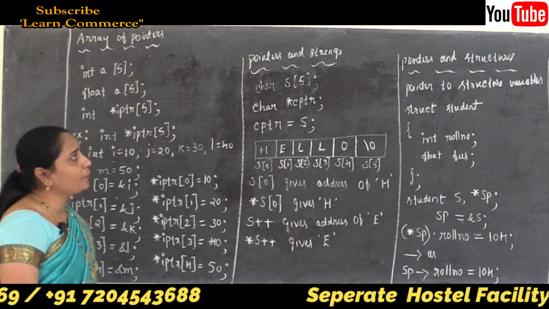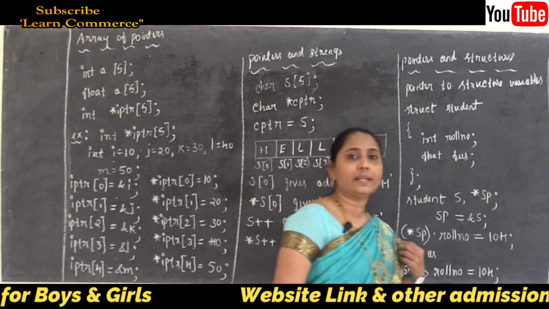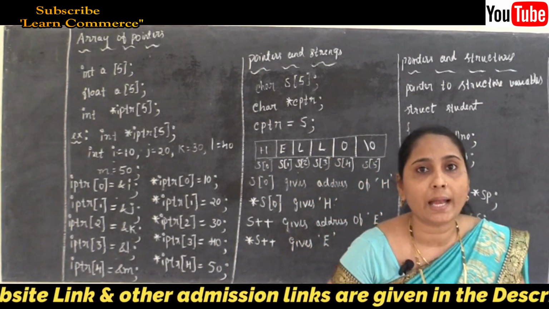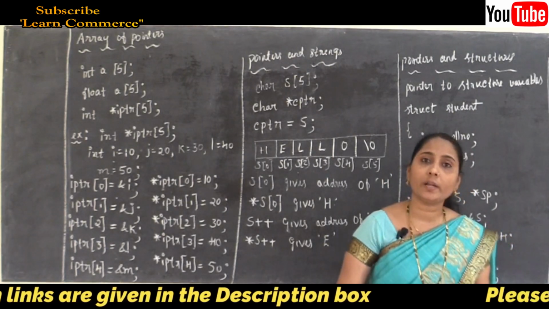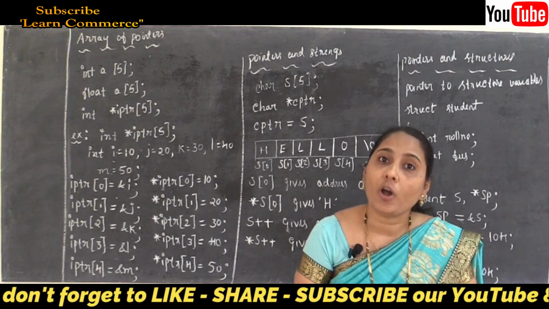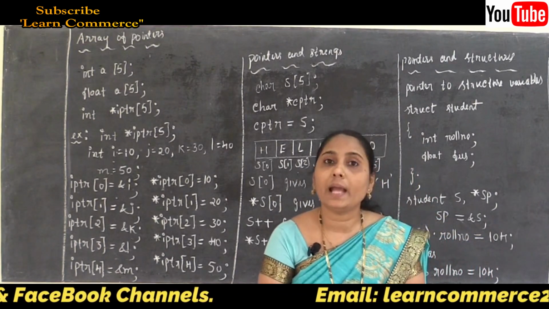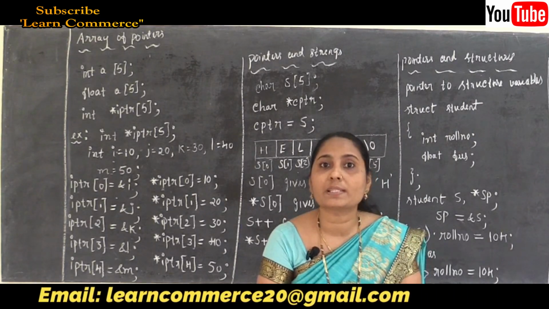After completing the array of pointers, let's see the next concept, called pointers and strings here. Why? Because we already discussed some of the relationship between arrays and pointers in our C++, correct?